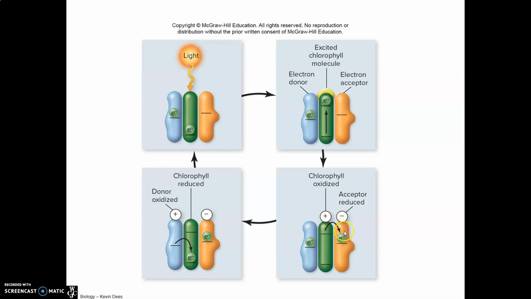As chlorophyll is oxidized to regain its energy stability, it's lost those electrons. So where are these electrons going to come from, so that chlorophyll can be reused and allow another photon of light to strike it and cause the electrons to move again? Well, we're going to see these electrons donated.